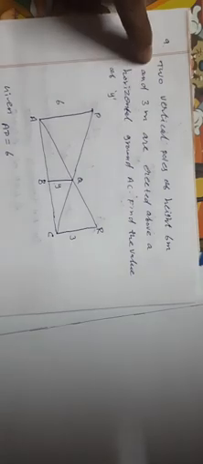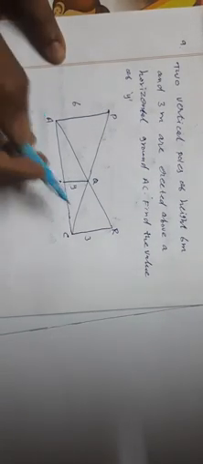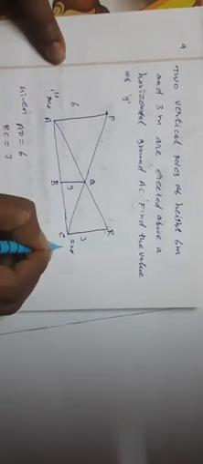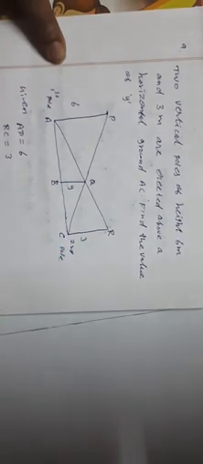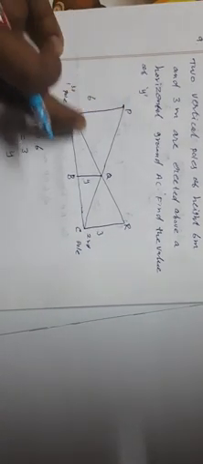In question number 9 they gave two vertical poles of height 6 meters and 3 meters. One vertical pole is AP and another vertical pole is CR. I can take this as the first pole and this as the second pole. The height of the first pole is 6 and the height of the second pole is 3.